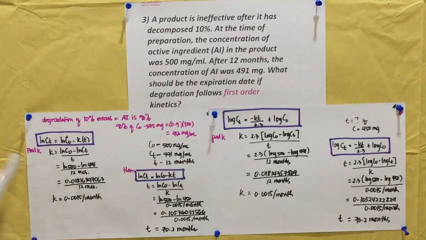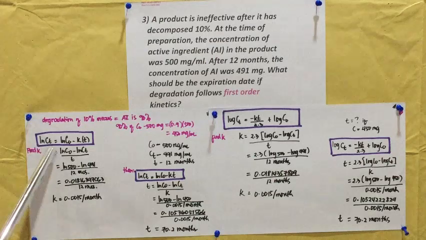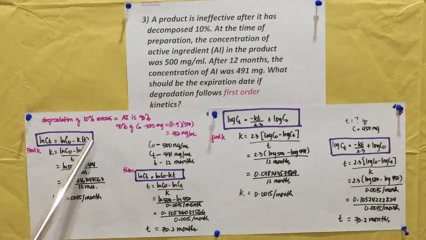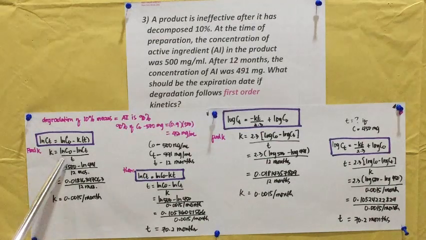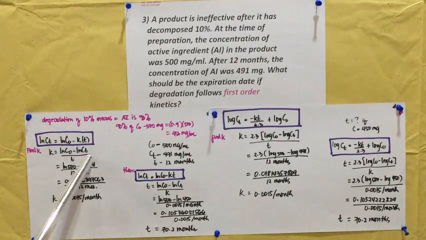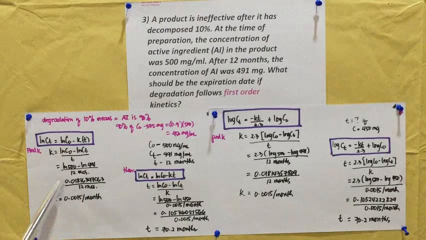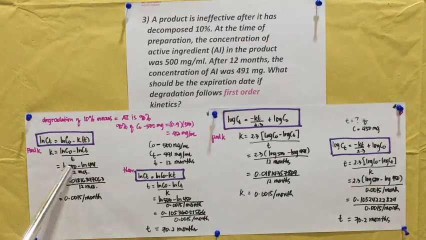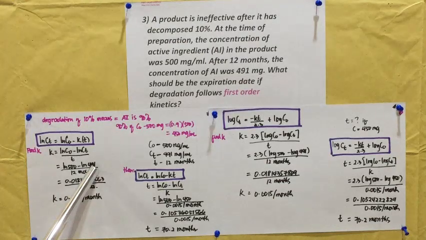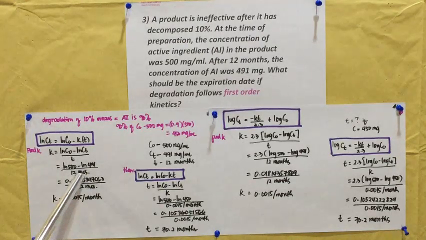Now, let us use this first formula: ln CT is equivalent to ln CO minus KT. So, to find K, you have K is equal to ln CO minus ln CT divided by T. By substitution, CO here is 500, so ln 500 minus ln 491 divided by 12 months.